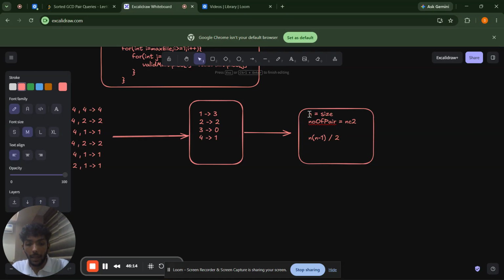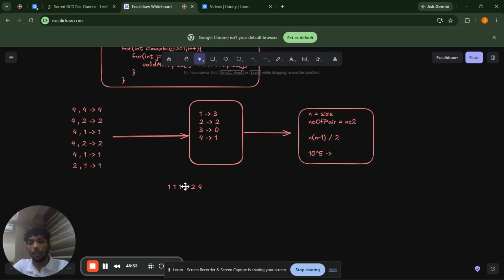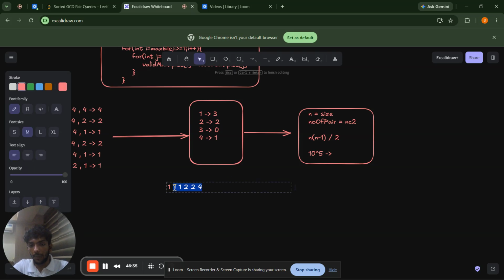So if n is 10 power 5, and someone wants to form an array like 1, 1, 1, 2, 2, and 4, here we need to push back 6 elements. So it is okay. But for 10 power 5, just do this operation. We need to push back this many number of elements in an array. So even that will become a TLE.